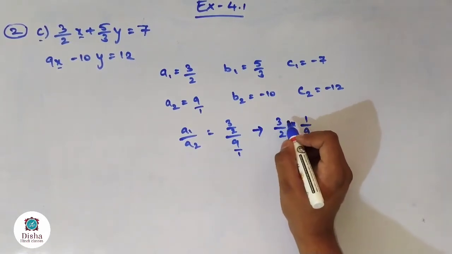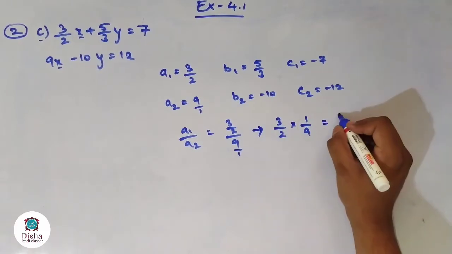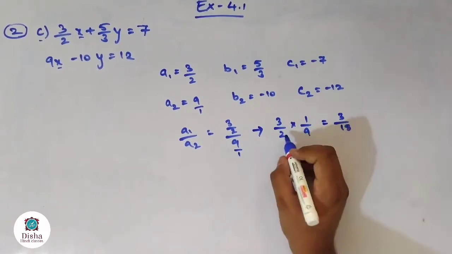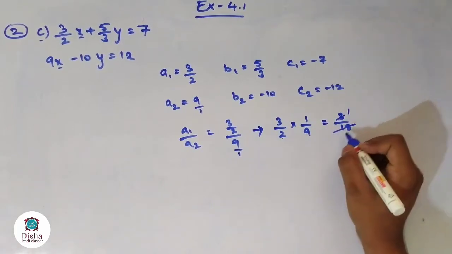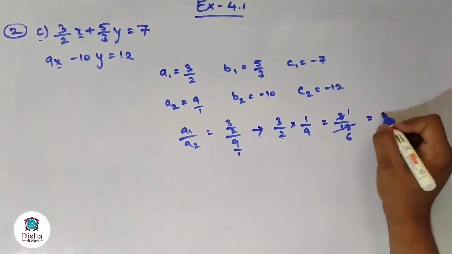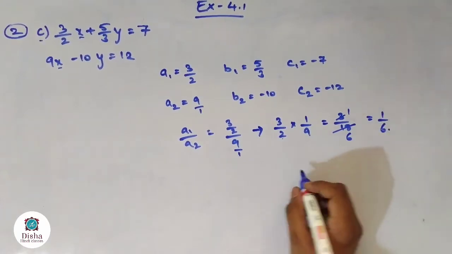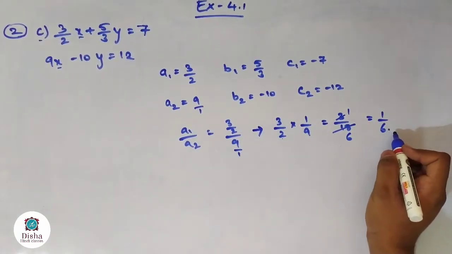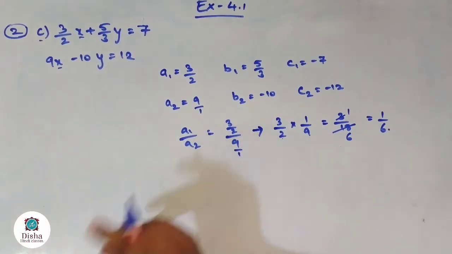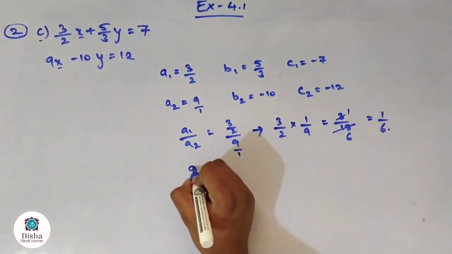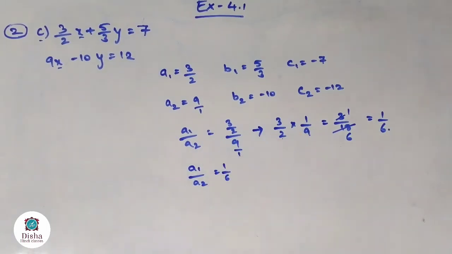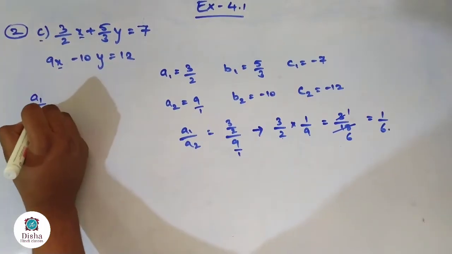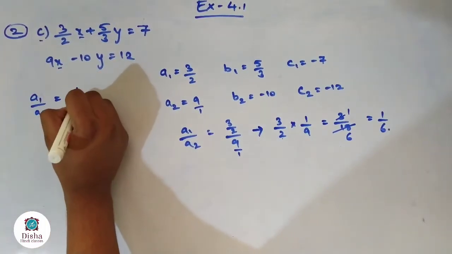So it will be 3 by 18. 9 twos are 18, 3 ones are 3, right? Now 3 ones are 3, 3 sixes are 18, that is 1 by 6. So A1 by A2 equals 1 by 6. I'll write it aside: A1 by A2 equals 1 by 6.